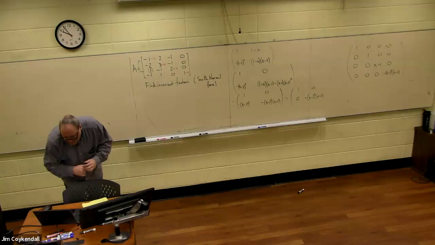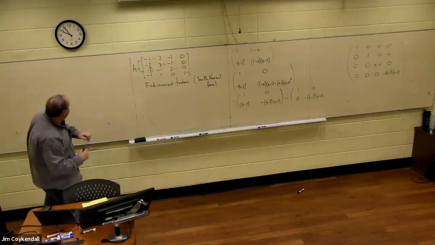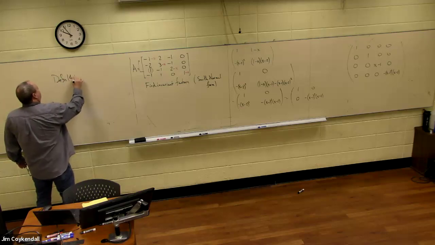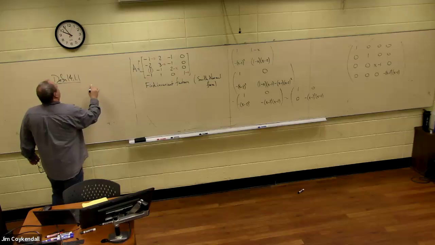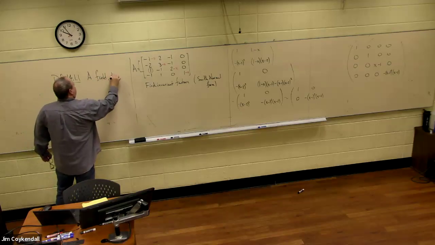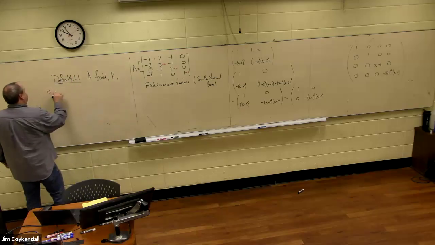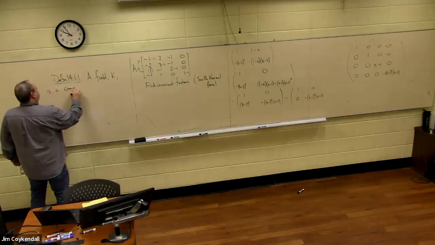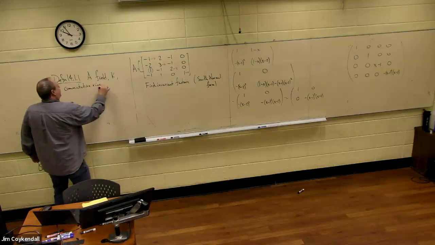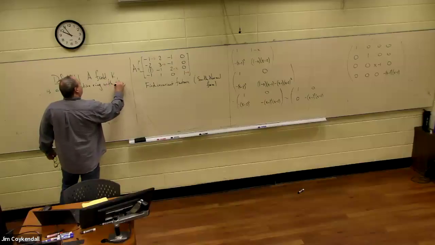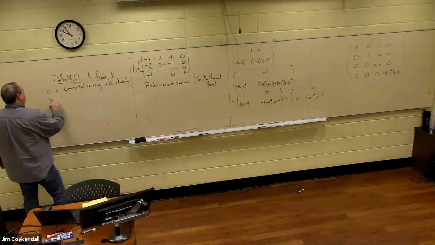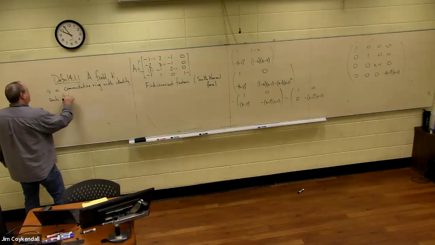So let me leave you with the following definition, which is kind of an interesting way to think about it. Definition. A field K is a commutative ring with identity. Anybody think of a way to characterize fields in terms of their ideals?